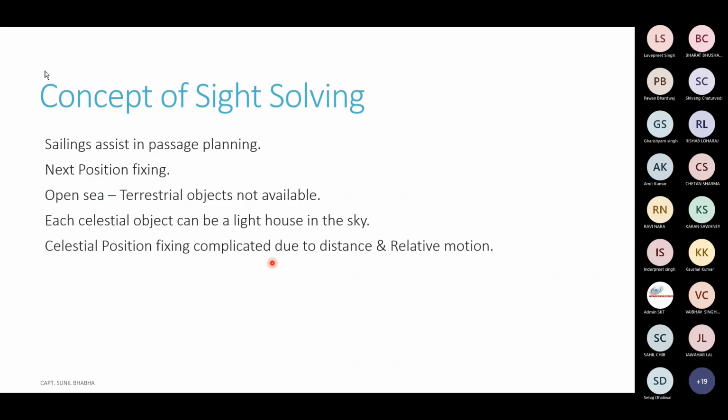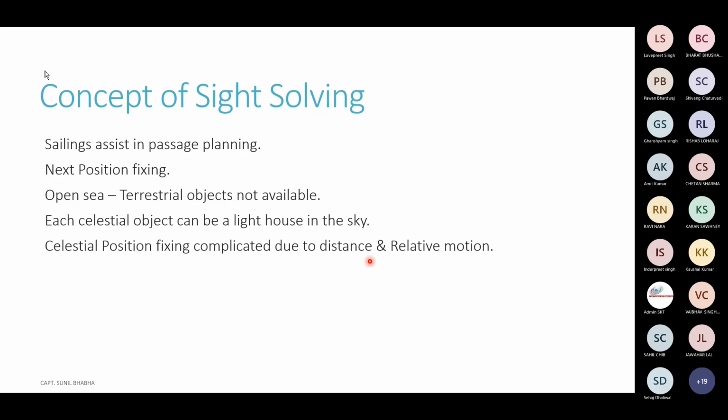One is the amount of distance involved between us and the celestial object. The nearest celestial object which we have is the moon. Then next in the line comes some of the planets. Then comes the sun. Then come the remaining planets. And the farthest objects which we have for celestial navigation are the stars.